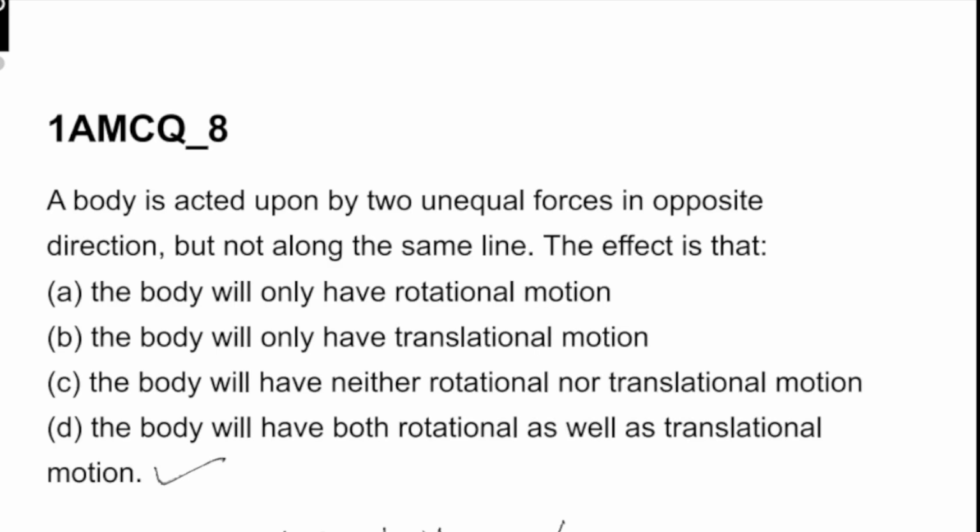Now let's see the eighth question. The body is acted upon by two unequal forces in opposite directions, but not along the same line. Remember, they are saying two unequal forces. The answer is that the body will have both rotational as well as translational motion. We can try it with the pen fight game also. If there's a pen lying here and your friend applies some force here and you apply force here, it will rotate.